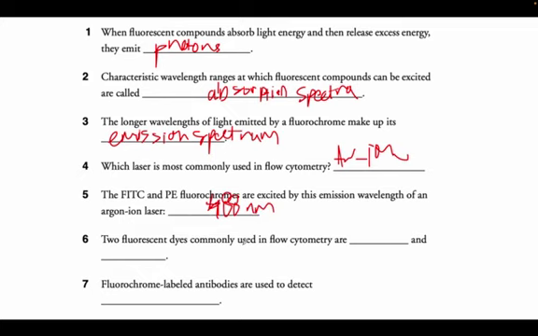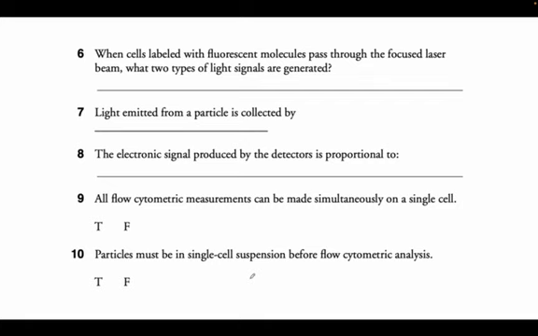Fluorescent dyes, you can use multiple dyes. We usually use FITC, Cy3, Cy5, lots of dyes. Fluorochrome labeled antibodies are used to detect a protein of our interest. When cells labeled with fluorescent molecules pass through a focused laser beam, what 2 types of light signals are generated?